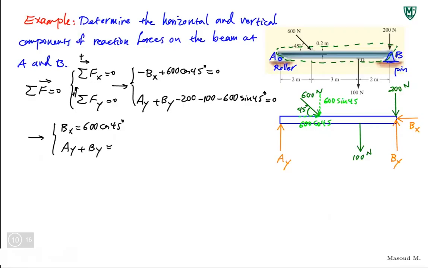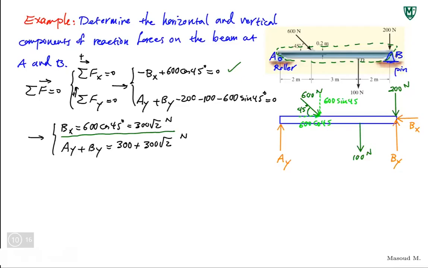If I take all these to the other side, it becomes 300 plus 600 sine 45, and sine 45 is square root of 2 over 2, so it becomes 300 square root of 2, whatever that value is, newtons. Bx also becomes 300 square root of 2 newtons. You can just calculate that with a calculator. So I got Bx already. I was asked to find the forces in the reaction, and I already got Bx from this first equation.